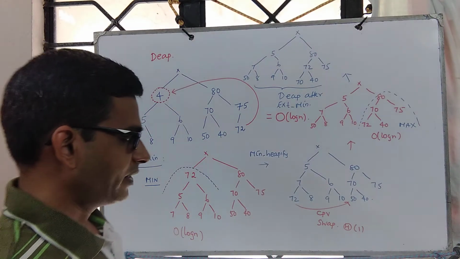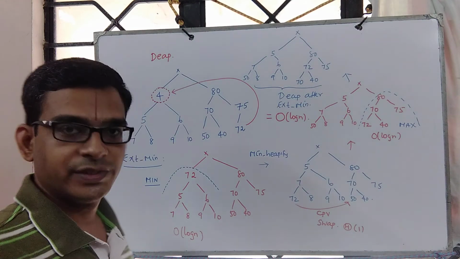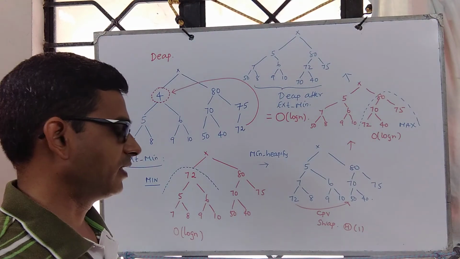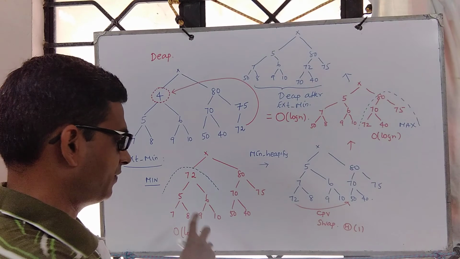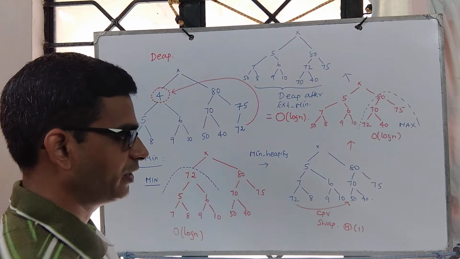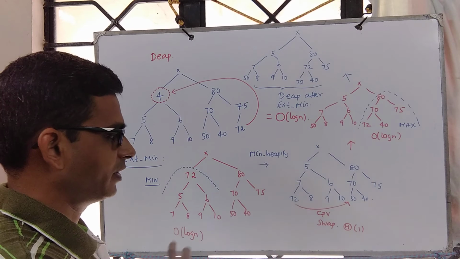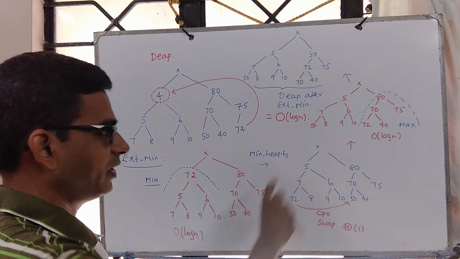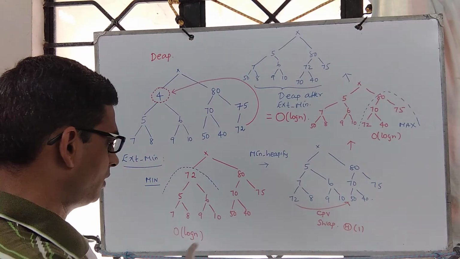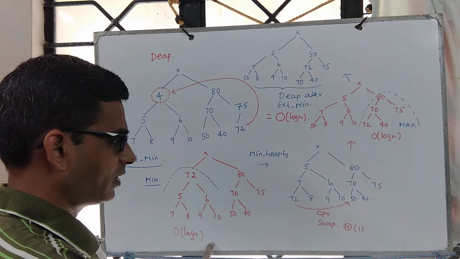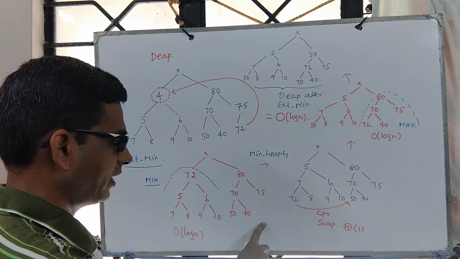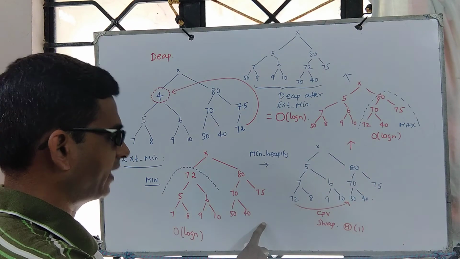So there are examples where we just have to set right the correspondence property and we are done. Or there are examples where we need to set right just the min alone, and we are done. But here is the worst case where these three things can happen in a row. First we set right min because you are bringing an element from the right subtree.